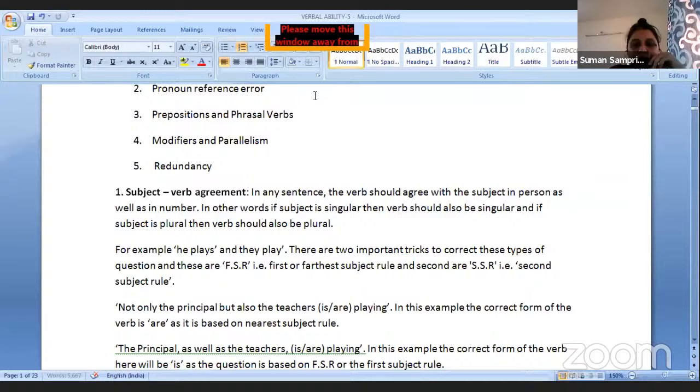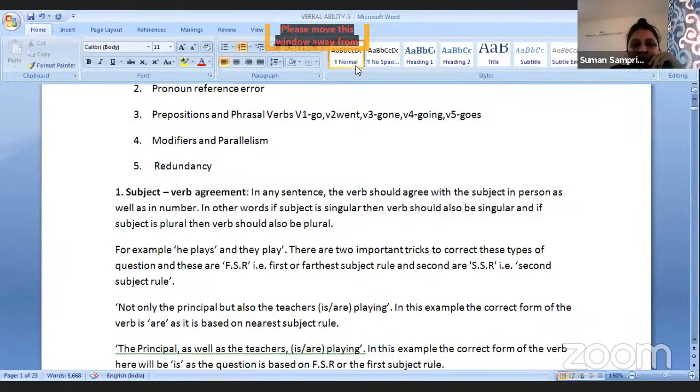Suppose I take the verb go: go is verb 1, verb 2 is went, verb 3 is gone, verb 4 is going, and verb 5 is goes.